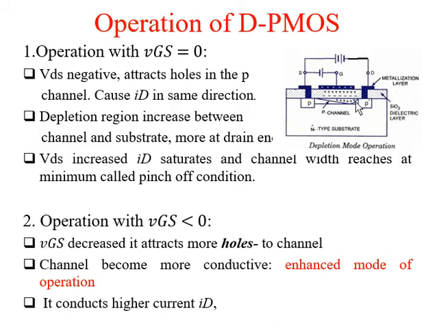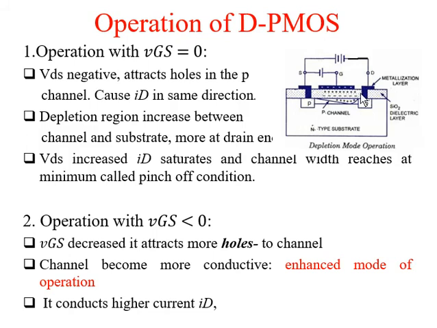The depletion region increases between channel and substrate, more at the drain end. We already said that the drain is more negative, so the depletion region will be larger at the drain end compared to the source end.